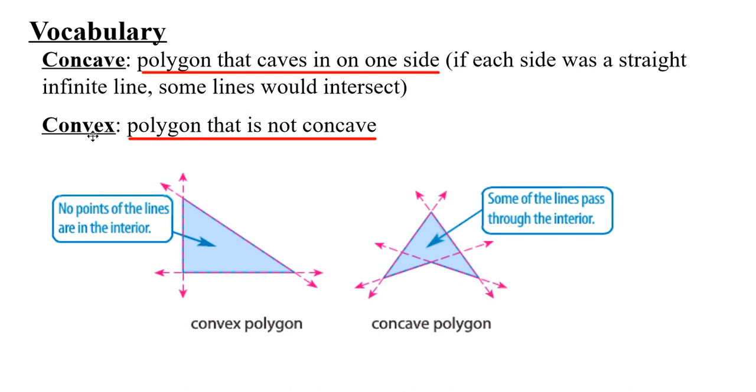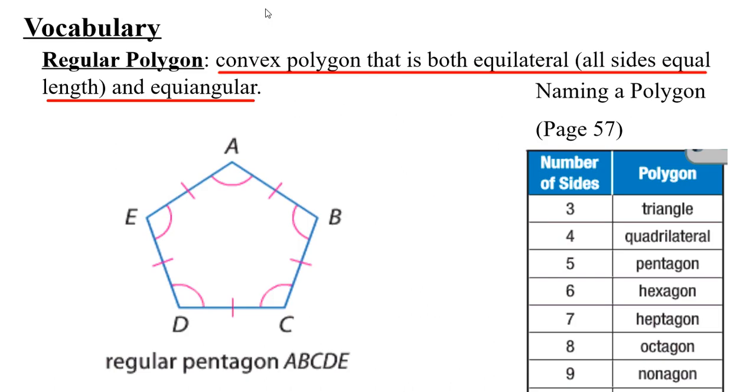The opposite of concave is called convex, and the definition of convex is it's not concave. So if there is no side that dents in, where the sides would pass through the interior if they were infinite lines, then you have a convex polygon. There's a special type of convex polygon when all sides are equal, and that's called a regular polygon. So a regular polygon is convex. It has to be convex.